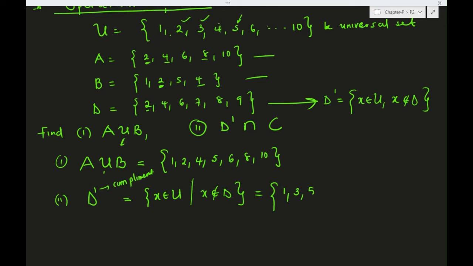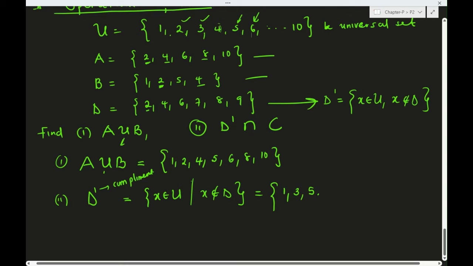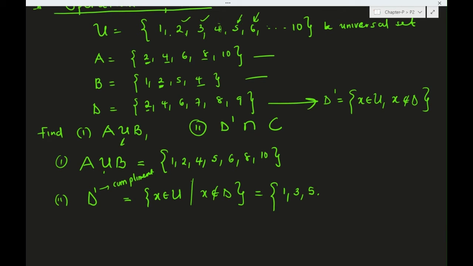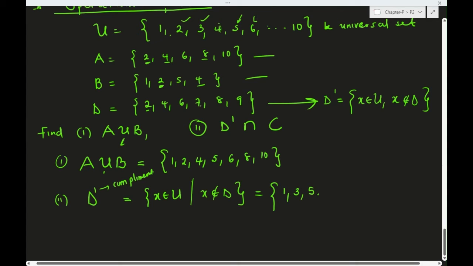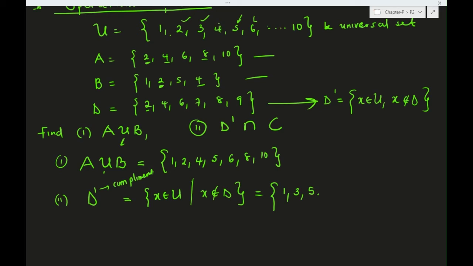We have 5, so we can take 5 because 5 is not in D. We cannot take 6 because 6 is already in D. 7, 8, and 9 are also in D. So what is left is 10.